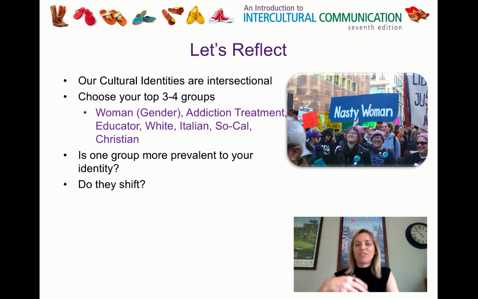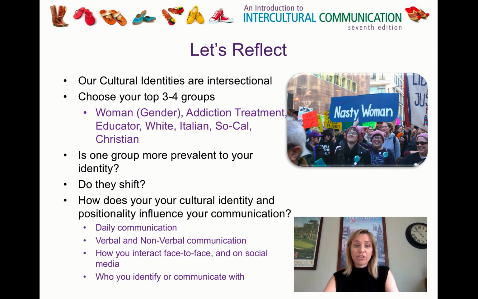And there were many signs, as you can see here, that said nasty woman or proud nasty woman, for example. And at that time, maybe gender was a really important part of their identity. So think to yourself, how do I identify now, and does this shift with the day, with the week, with the month, over time, or maybe it's just situational?